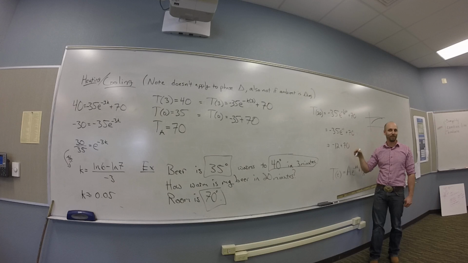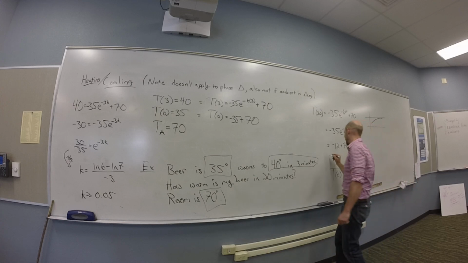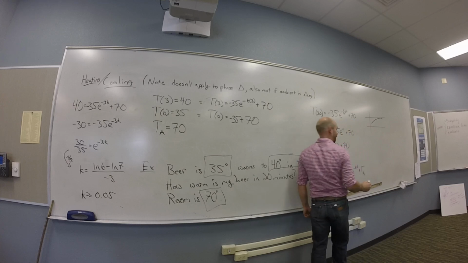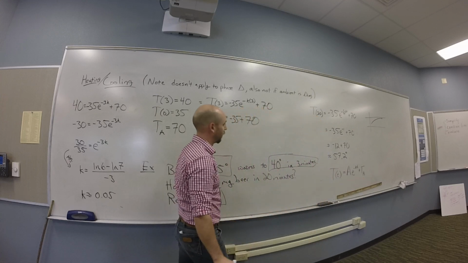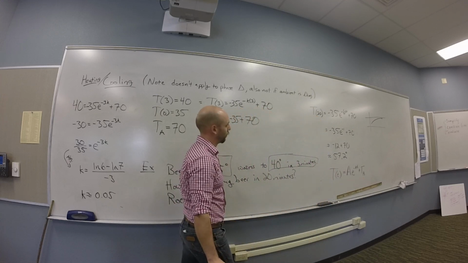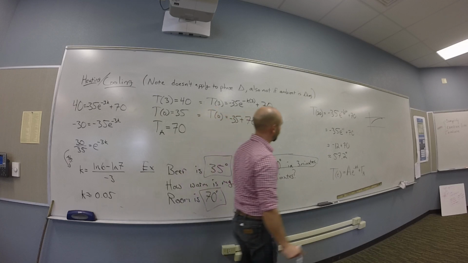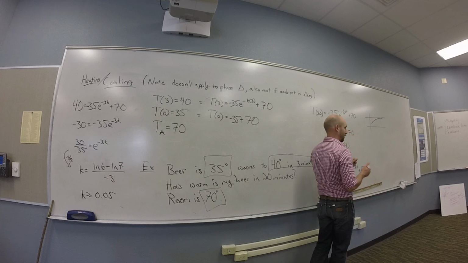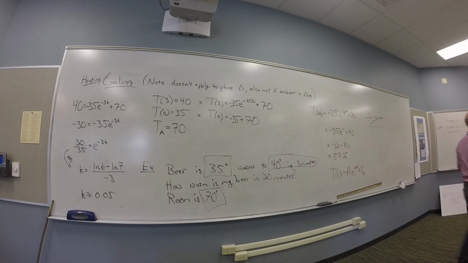So I'm going to get about 57.2 degrees, maybe? Did you put e to the negative 1? I put times e minus 1.